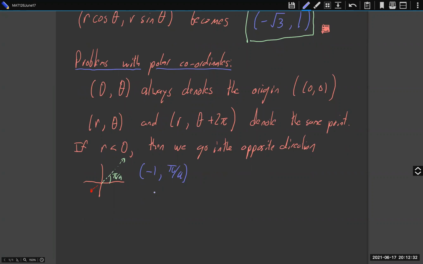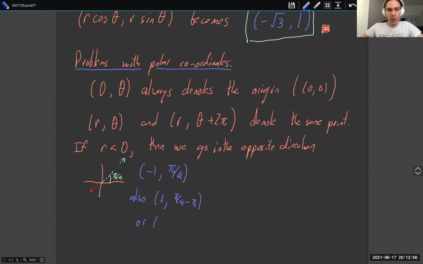Can you just subtract pi from pi over 4? Yeah. If there are 2 pi radians in a circle, then if I add or subtract pi, I get around. So also, this is (1, pi over 4 minus pi), because that's the opposite ray, or (1, pi over 4 plus pi).